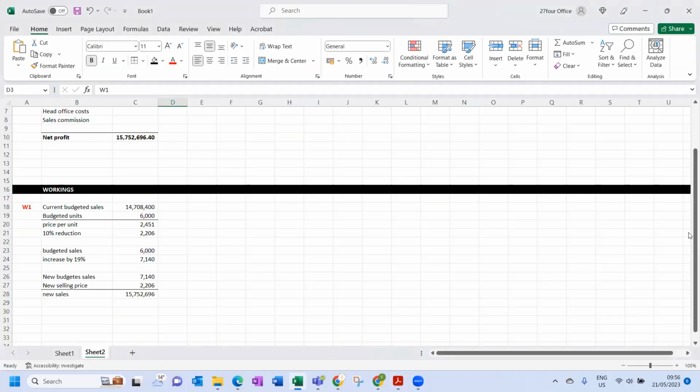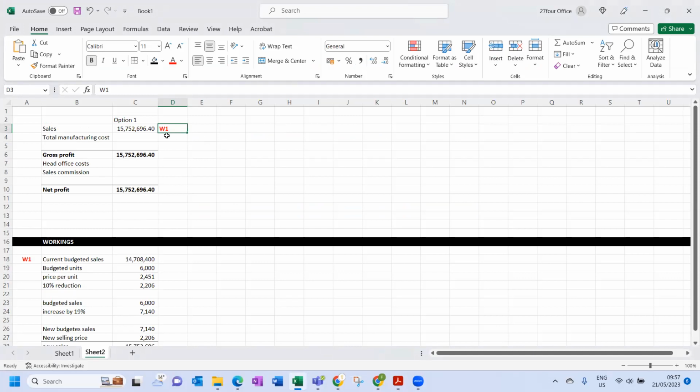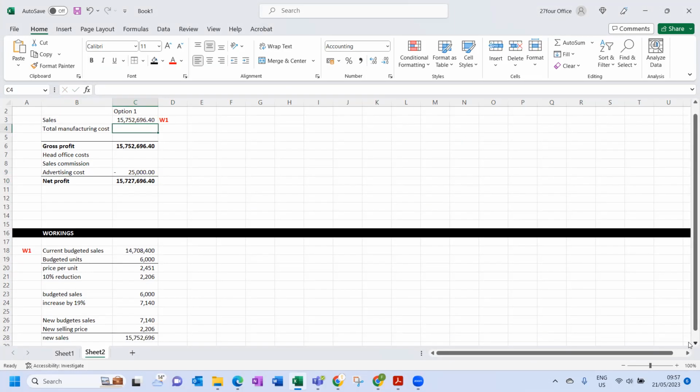So if we go back over here, we accounted for the reduction in sales and the increase in units. We must still account for the advertising costs, so we can bring that in. Advertising cost is going to be minus 25,000 Rand. So we brought that in. We must still work out the manufacturing costs, so we're going to go to working 2.